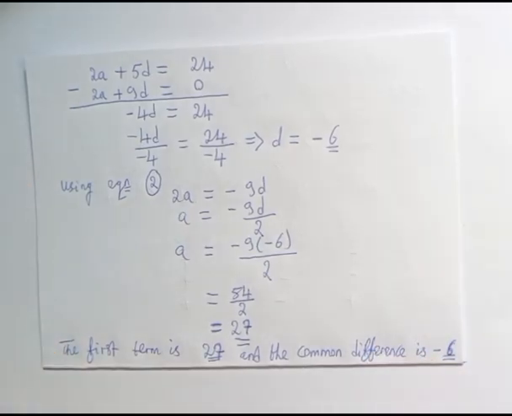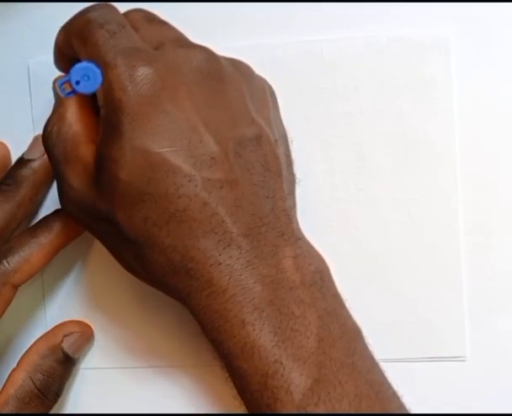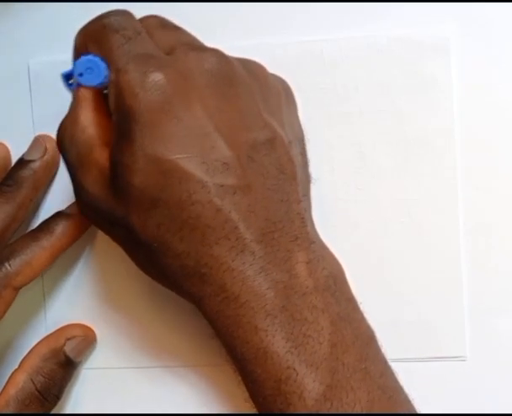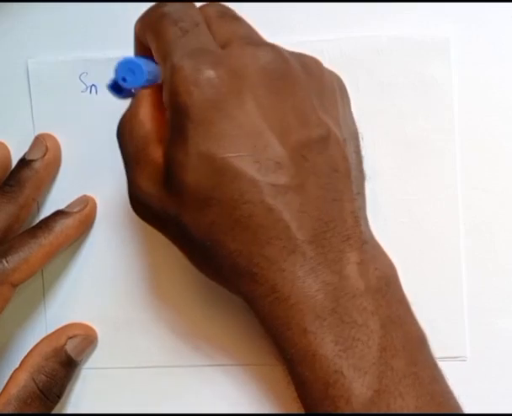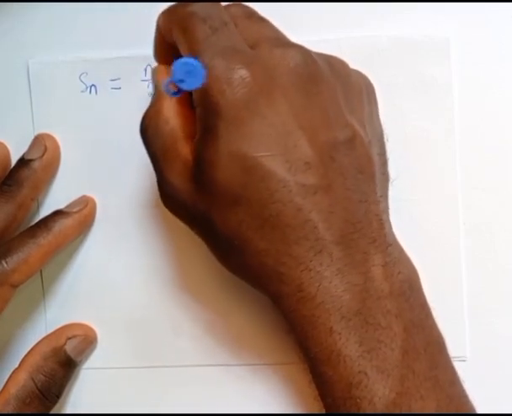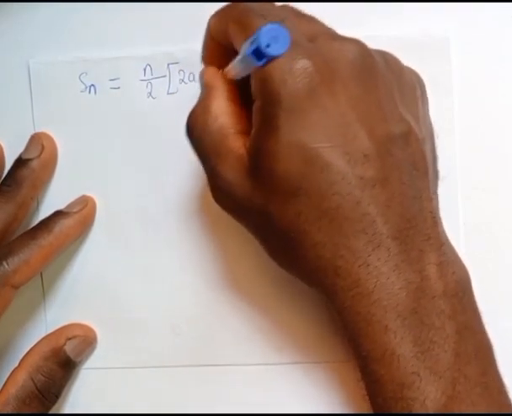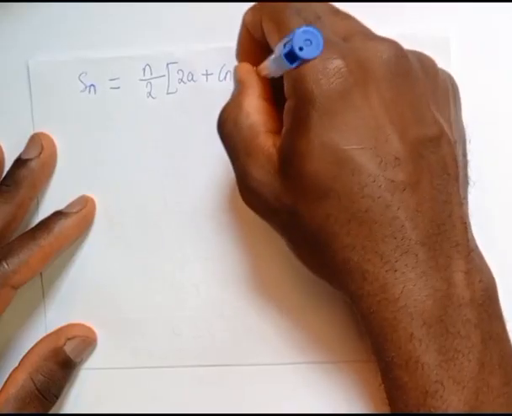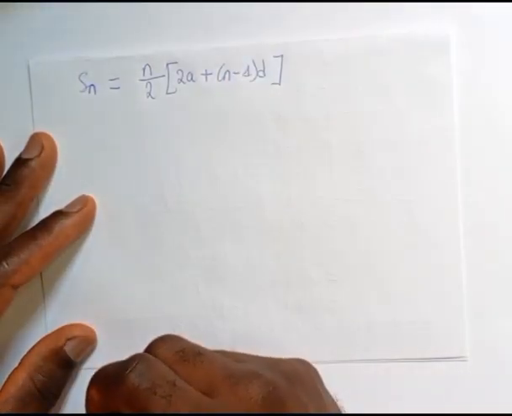Now we can find the sum of the first 10 terms of the AP. The sum of the terms of an AP, Sn, is given by n divided by 2 times 2a plus n minus 1 times the common difference.